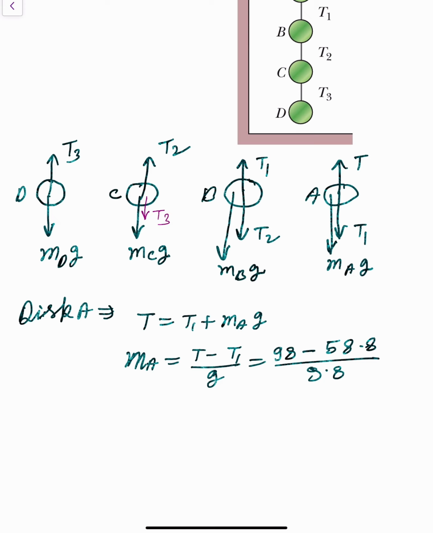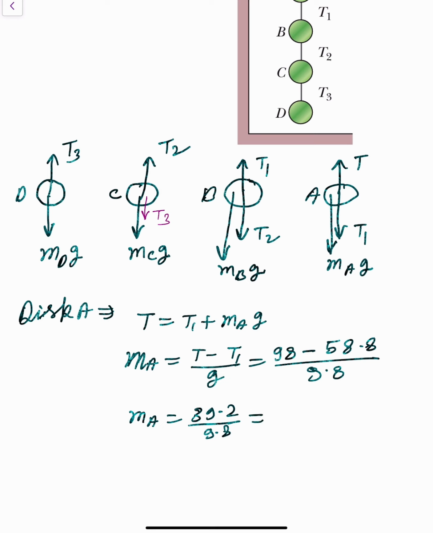You can use a calculator. So 98 minus 58.8, then we get 39.2. So MA equals 39.2 divided by 9.8.